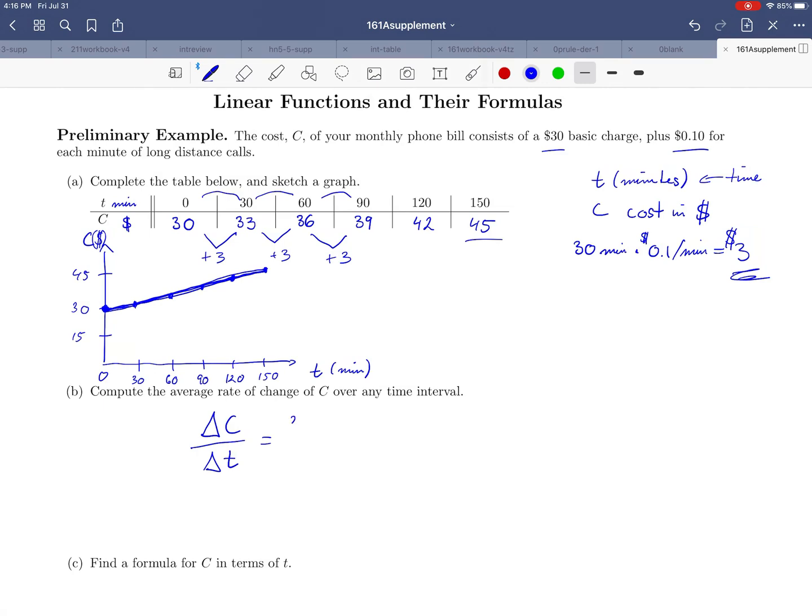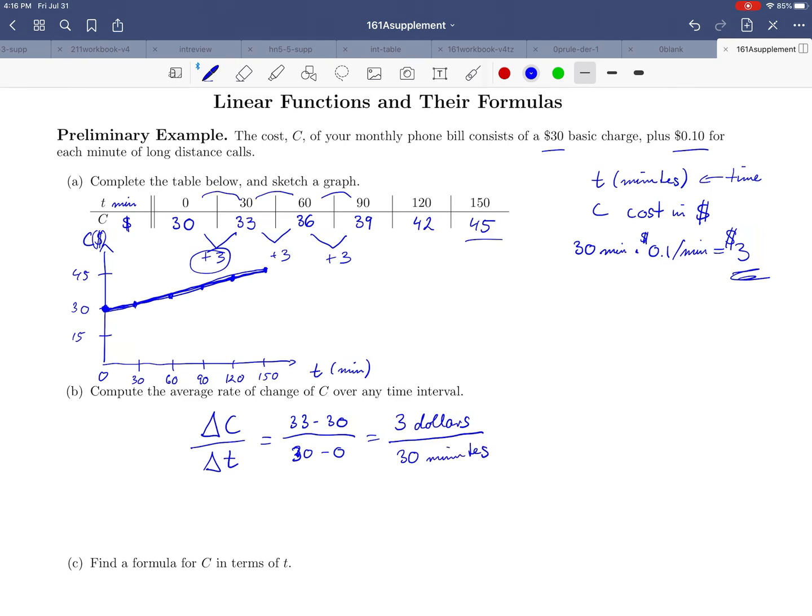I can write down the change in cost for one of them specifically: 33 minus 30, that's where that first plus 3 came from. The time interval was 30 minus 0. I could have used any other one. So I have to spend $3 per 30 minutes of talk time.